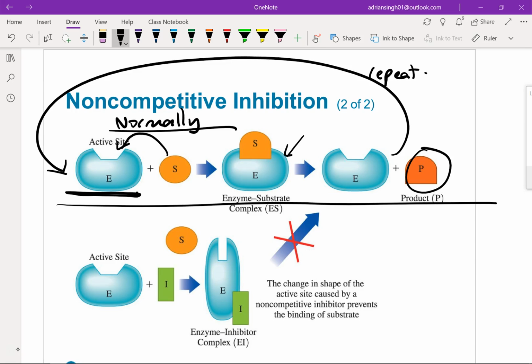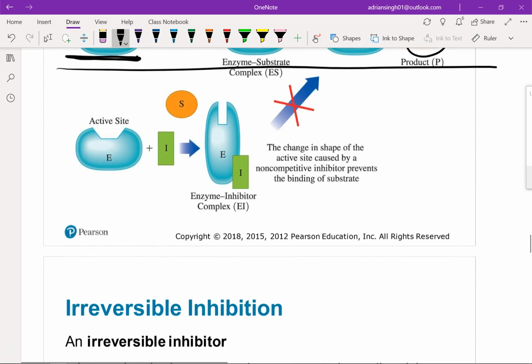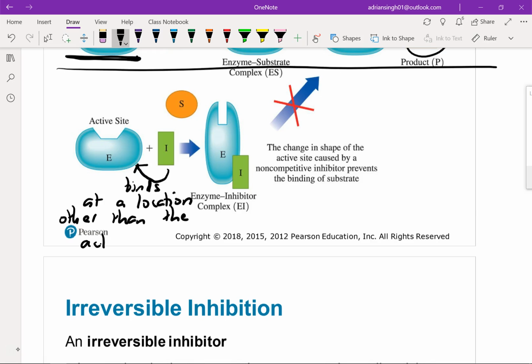All right, now what we're saying is, in this non-competitive inhibition, this inhibitor can come in and bind not at the active site, but maybe here, at a location other than the active site.